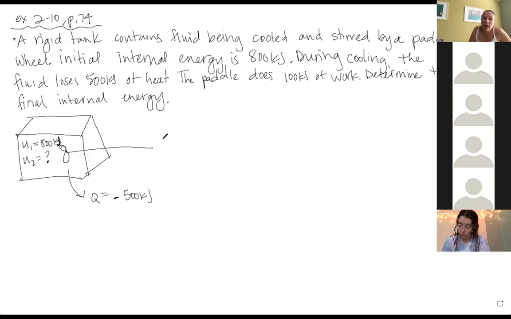And then we have our shaft work being done by this paddle. We call this work sub shaft. This is based on the type of work that's being done. It's a shaft type system, so it's based on the torque of the wheel. So the work being done by the shaft is 100 kilojoules. Is this positive or negative?